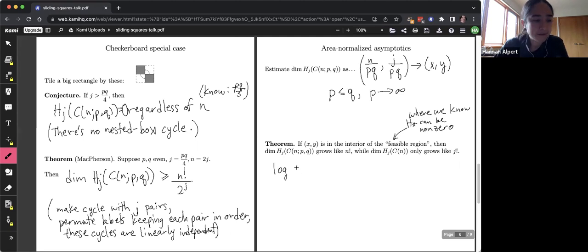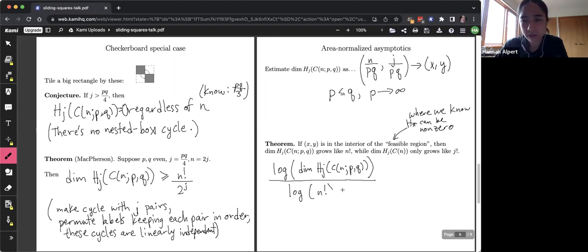What I mean is that if I take the log and then I divide by the log of n factorial, then the limit is 1. Log of n factorial is like n log n.